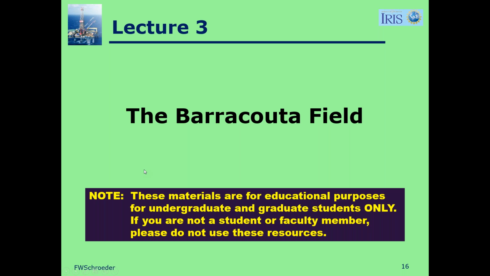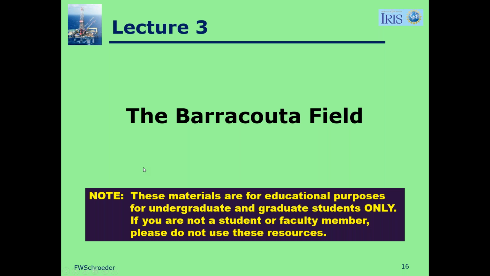If I was doing this in person, as I've done on a number of occasions, I might split the classroom into 5 or 6 teams and give you a certain amount of time to turn in bids. Then we see who the highest bidder is on the different blocks. The area that we're going to focus in on after the lease sale is where the Barracouta field exists.